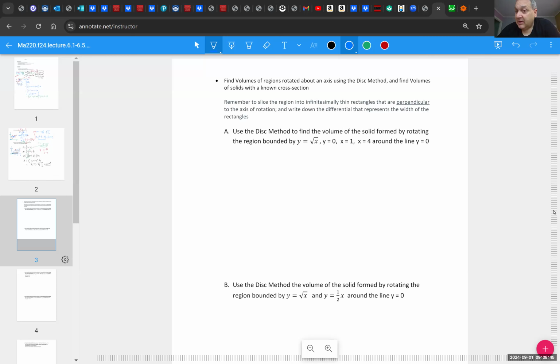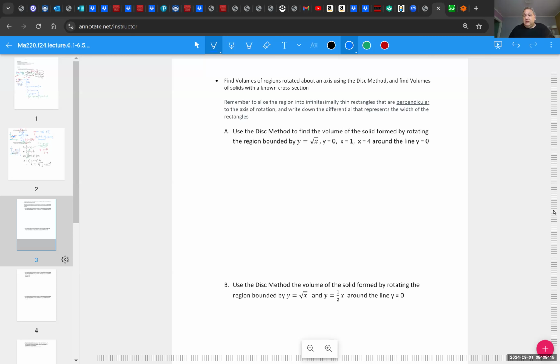If those rectangles are perpendicular to the axis of rotation, that is known as the disk method. If they're parallel to the axis of revolution, that's called the shell method. We're focusing on the disk method here; in the next video, I'll teach you the shell method. The thing that differentiates the two is the relationship between your rectangles and the axis of revolution.